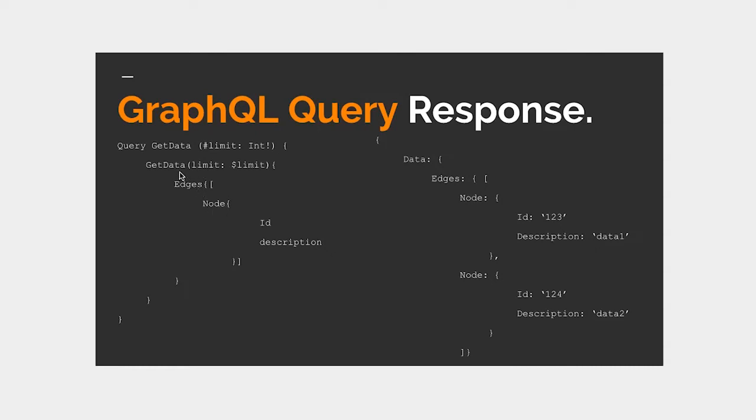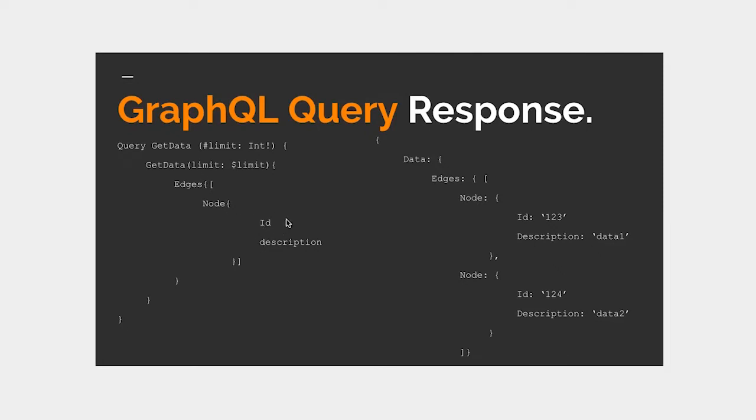So then this is the actual query. I guess you call it a wrapping function, basically. So it gets wrapped in a function, then the query is actually inside here, and now you have the limit, and you're passing that variable, which is a limit, and then it returns edges, which is an array of nodes, the usual format.